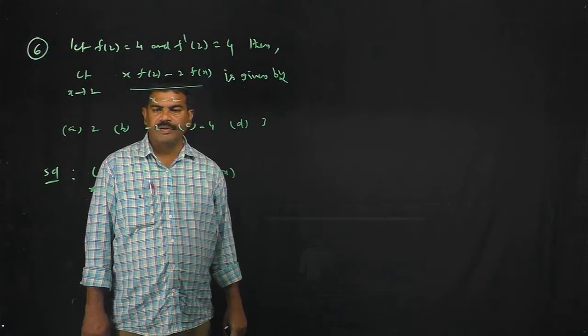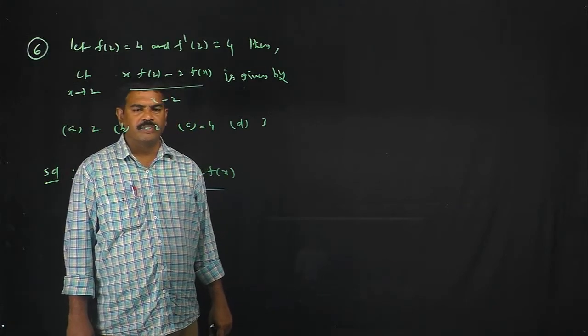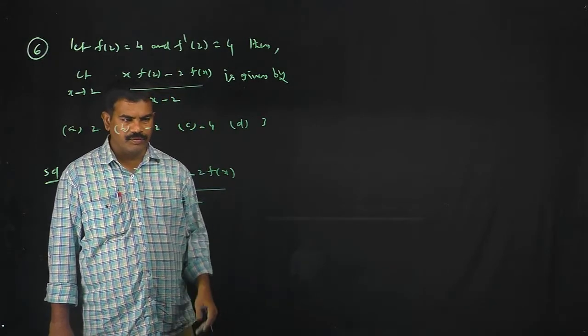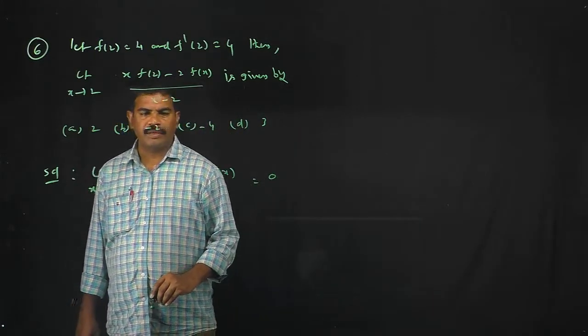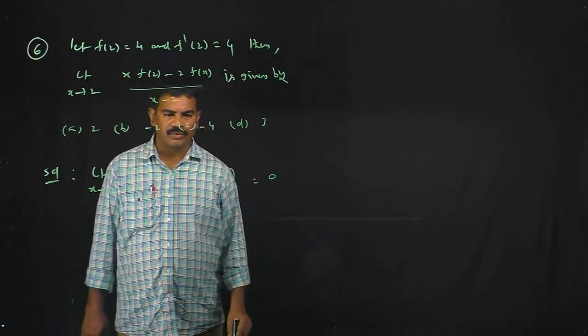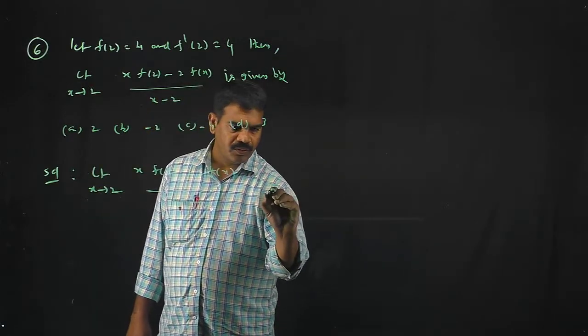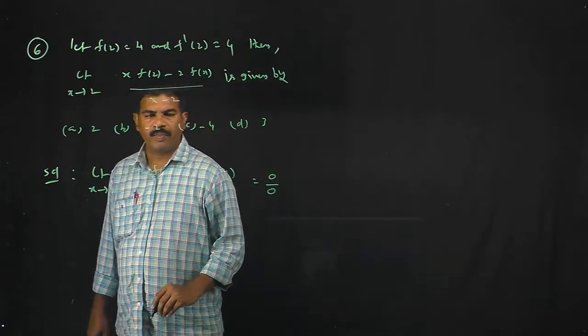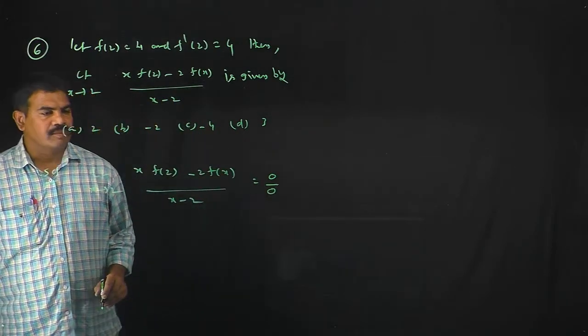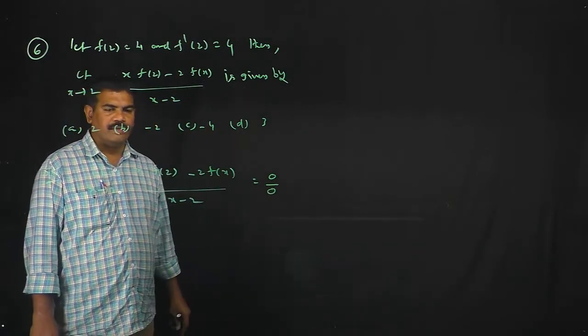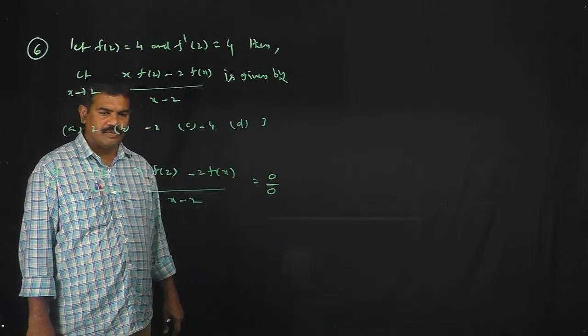Now apply the limit value. Numerator is 2 into f of 2 minus 2 into f of 2, that is equal to, both are cancelled, 0. Denominator also 2 minus 2, that is equal to 0, 0 by 0. So now differentiating both numerator and denominator by using the L'Hospital's rule.